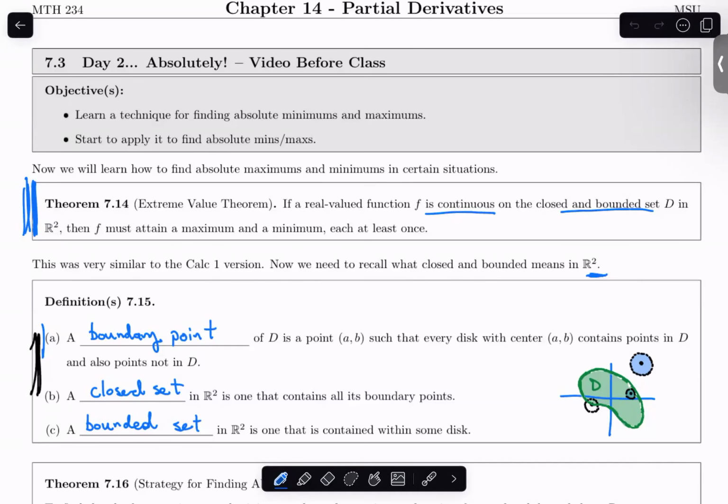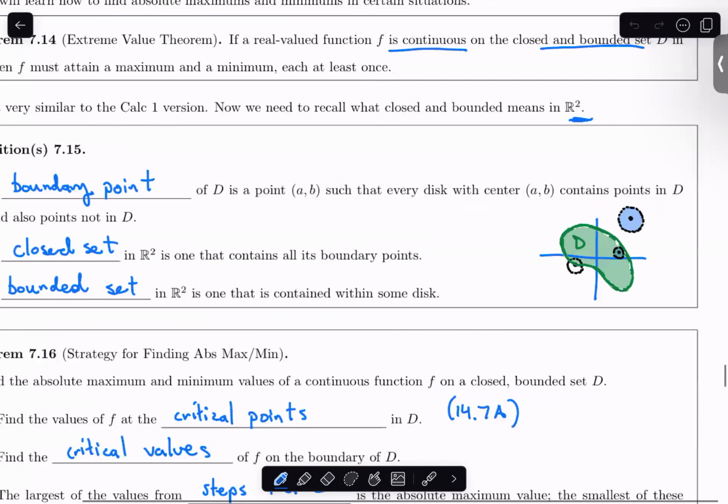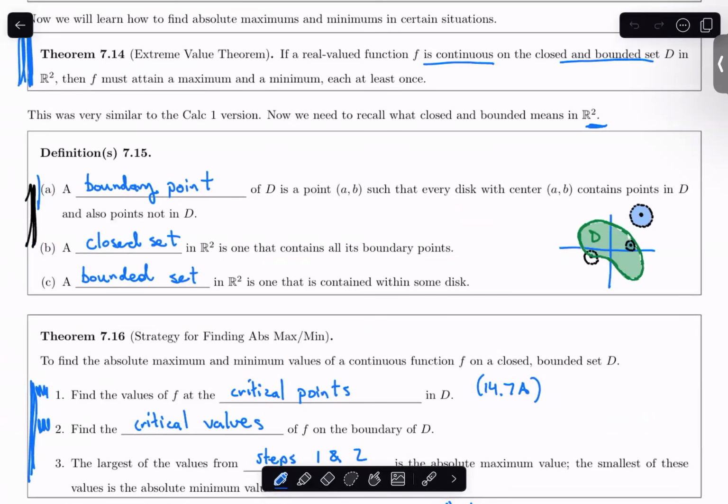It's a little bit confusing, but basically when you draw it, you're not using any dashed lines. So it needs to include all of its boundary points, so you need to draw it with solid lines. And it can't go on forever, essentially. The bounded bit means that it's contained within some disk. You can draw a circle around it and you can get the entire region.